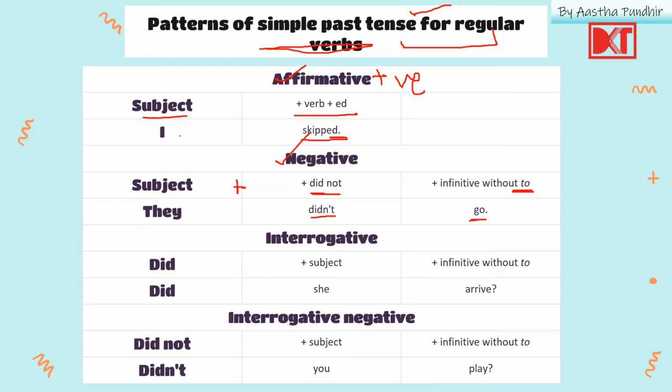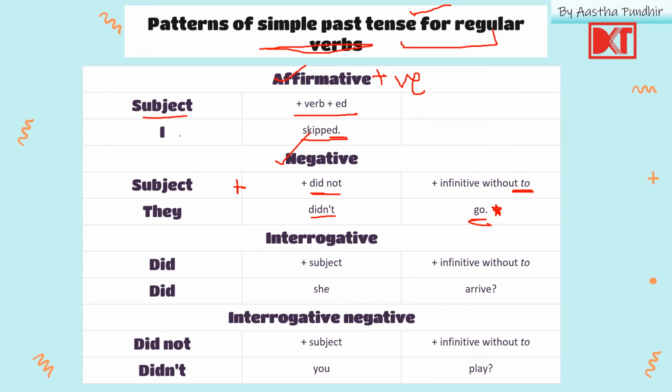Okay, the infinitive form only. This is very important. So many people make mistakes in this one. This is one of the most important aspects. So I didn't go, you didn't go, he, she, it didn't go, we didn't go, they didn't go.